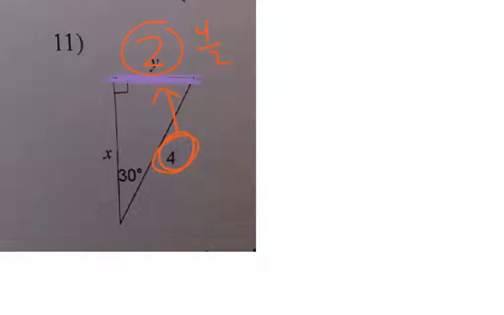Again, going forward, notice that 2 times 2 would give me 4, right? So I have my short side. So now, what about the medium side over here? Well, that's just simply going to be the same 2, except I times it by what? Square root of 3. It's that simple, guys. Okay? Pause the video again if you need to.